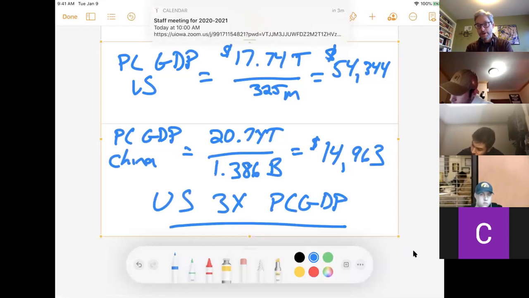But it takes quite a bit of work to get to that number, right? This is a classic example of how you can lie with statistics. If your intent is to prove that the US economy is much bigger than China, then what do you do?